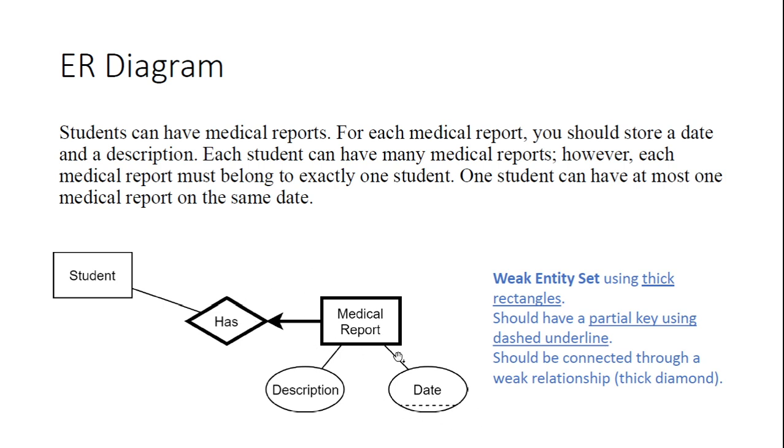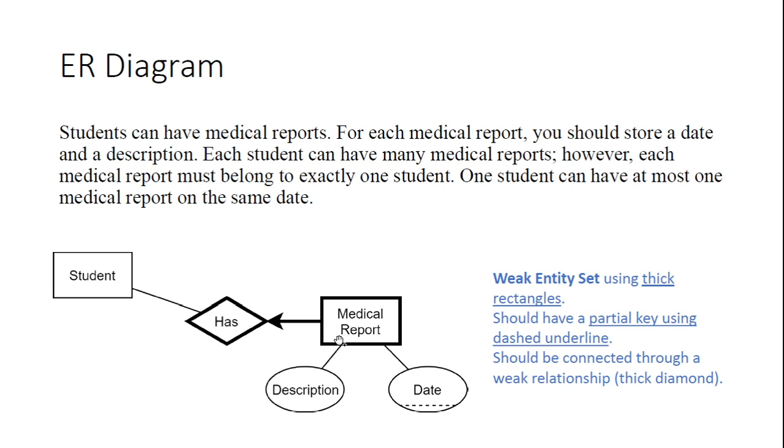And for the weak entity set, why is it weak? Because by itself we cannot find a unique entry. So for a medical report, the description and the date are not enough to find a unique entry. I need also the information about which student has this medical report.